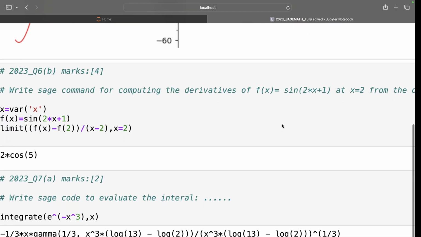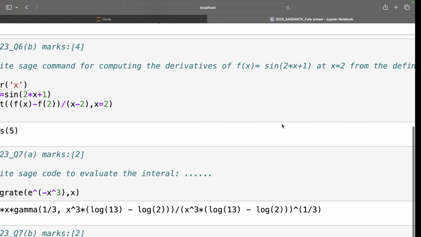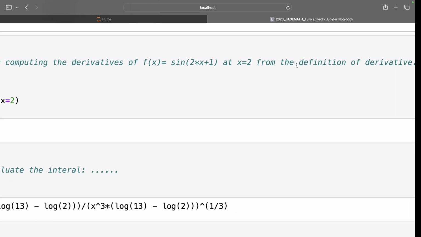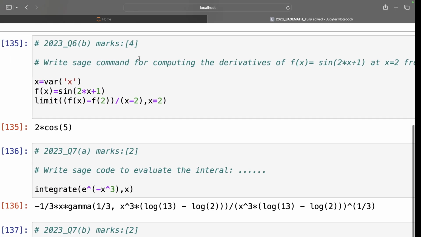Next question, question 6b. Write Sage command for computing the derivative of f(x) equal to sin(2x plus 1) at x equal to 2 from the definition of derivative. So definition of derivative means this is the limiting definition. This is the limit x tends to 2, f(x) minus f(a) by x minus a.